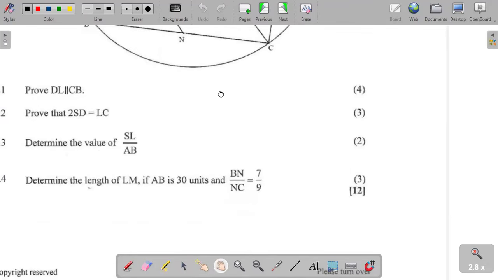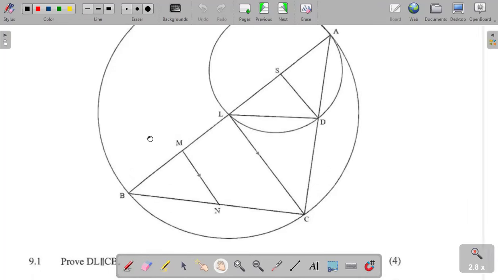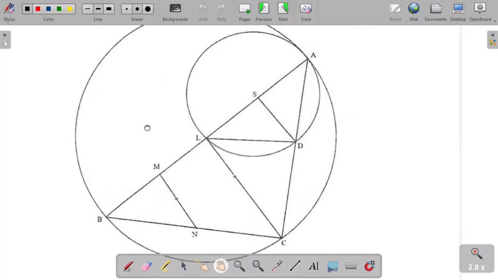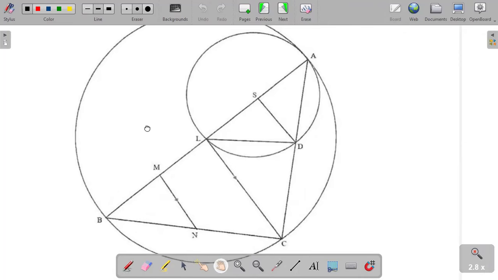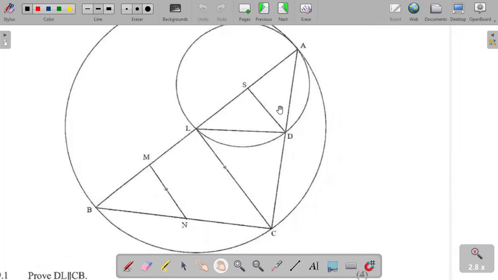And then 9.1, they say prove that DL is parallel to CB. Okay, so we know that these angles here are 90 degrees, isn't it? Because they are subtended by the diameter. They are angles in a semicircle.